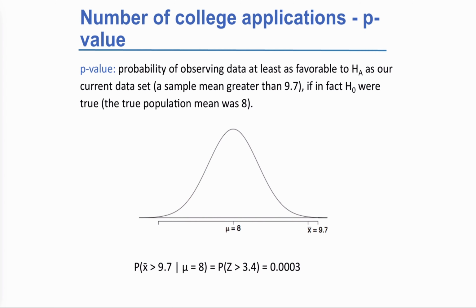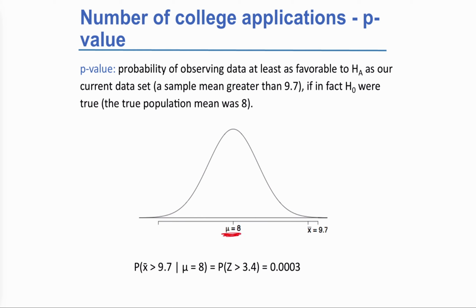So, a visual representation, right? So our null is that the average number of college applications that Duke students apply to is 8, the recommended number.